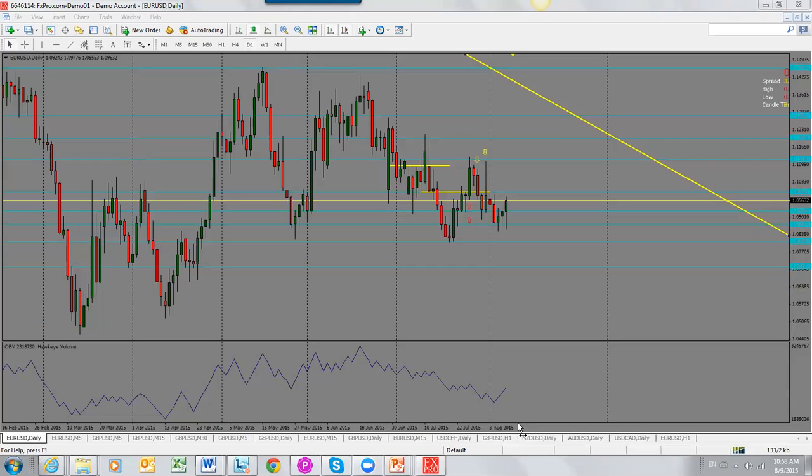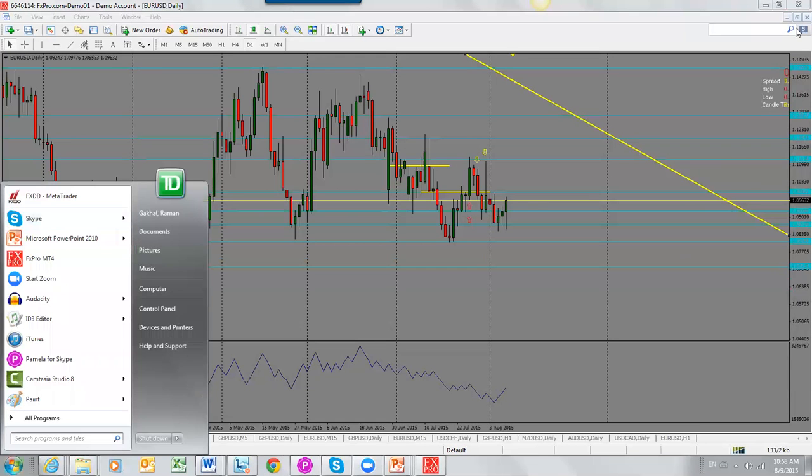Actually, this indicator, it's a volume indicator. I use this Hawkeye indicator. This is called on balance volume, and the way I use it in combination with, I have another volume indicator here, which is on my other trade station. Let me see if I can open that.